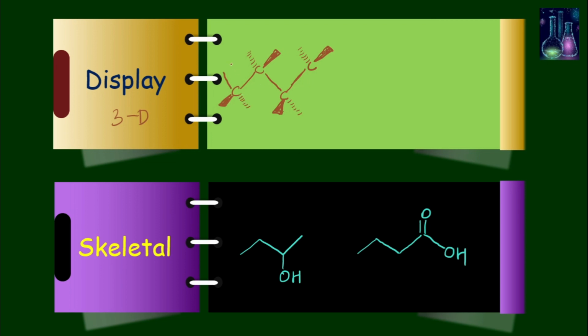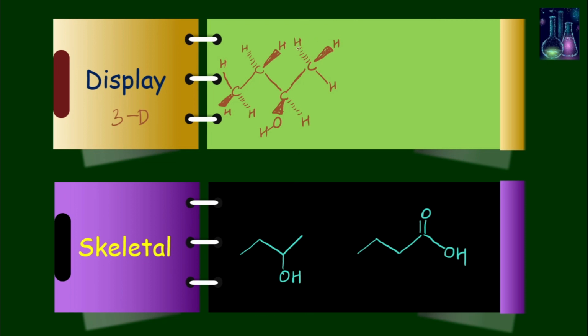And this is called a 3D representation. Here you will have all the hydrogen atoms, and in the second position you have one OH group and one H, and here you have the hydrogen atoms.